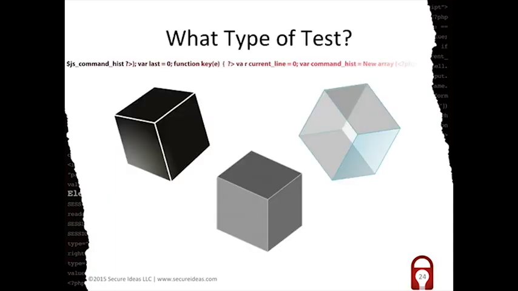Okay, so I'm going to spend a little bit of time now talking about testing the web services. First of all, it depends on what type of test you're doing, exactly how you're going to approach it. And that's why we have these boxes on here, right? So you have your black box test.